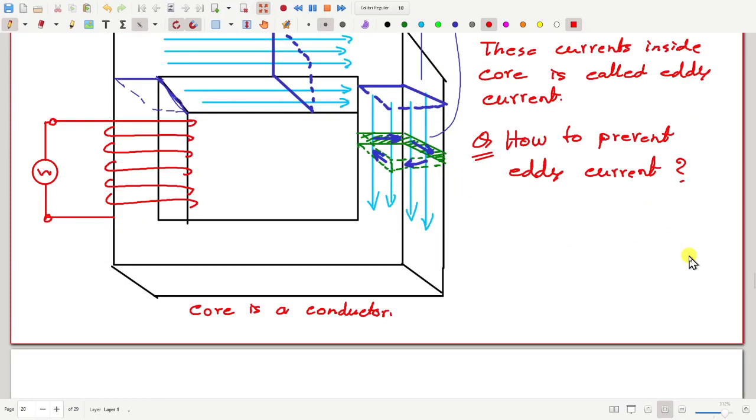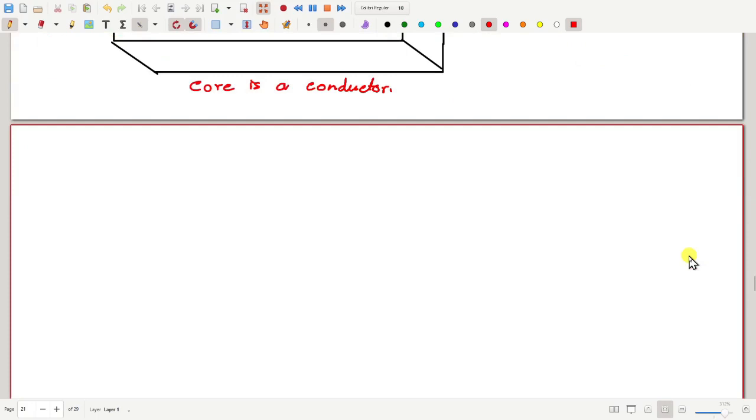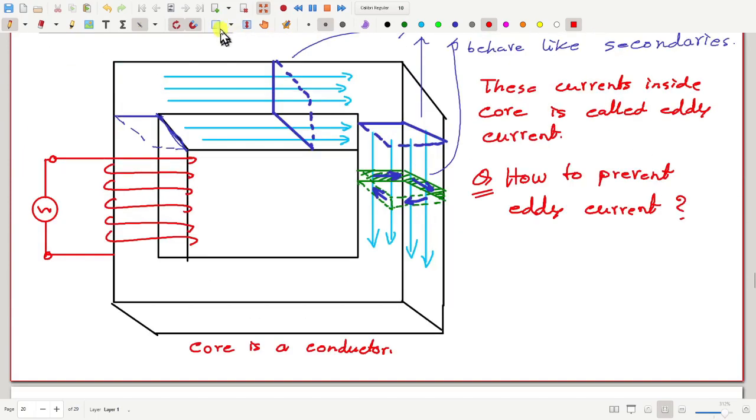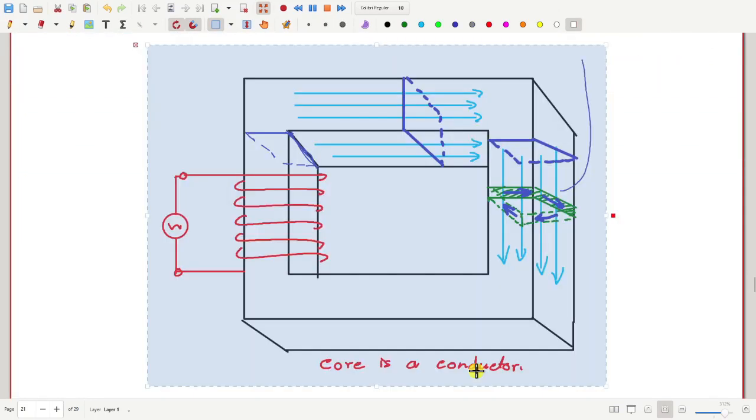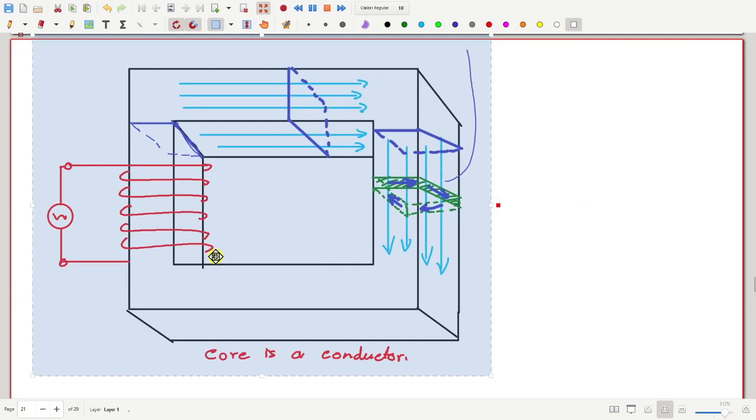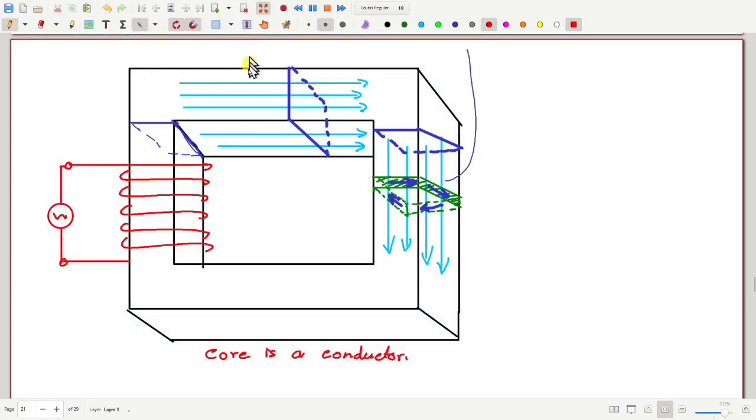The answer is as follows. Let me copy this once again and let me make it slightly cleaner.